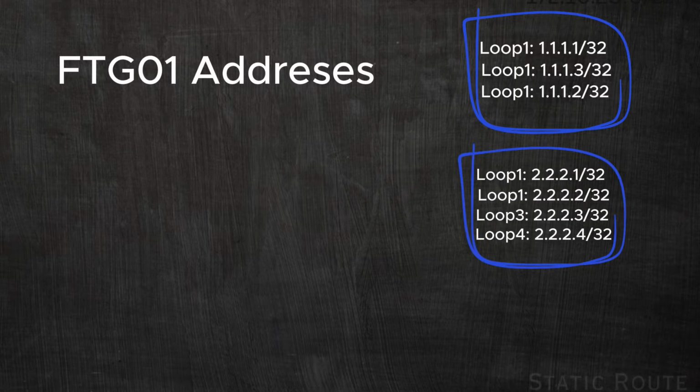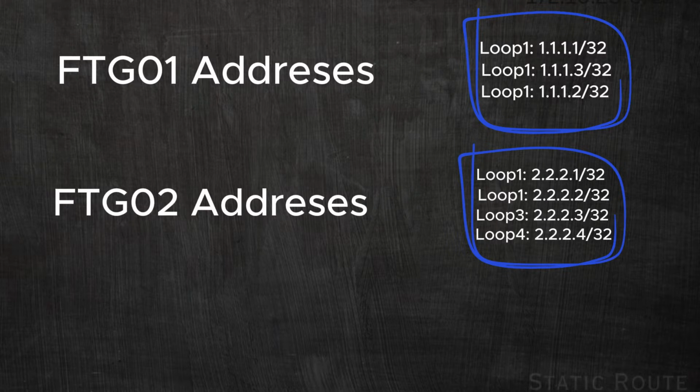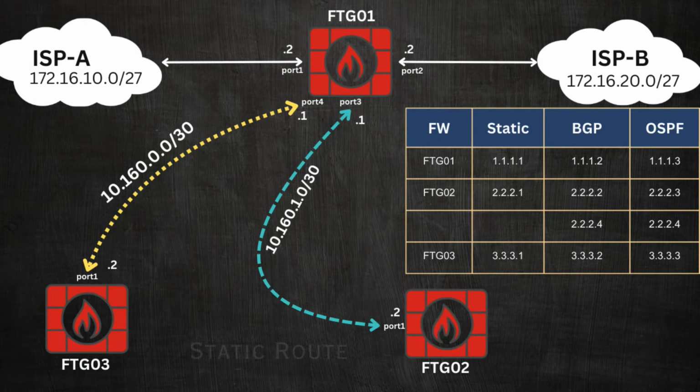And then do the same thing for Fortigate 2 addresses, loopback addresses 2.2.2.1, 2.2.2.3, as well as 2.2.2.4. And then group those and call them Fortigate 2 addresses, and then do the same thing for Fortigate 3, so that when we start creating security policy, we don't use the any, we actually reference the address objects that exist.